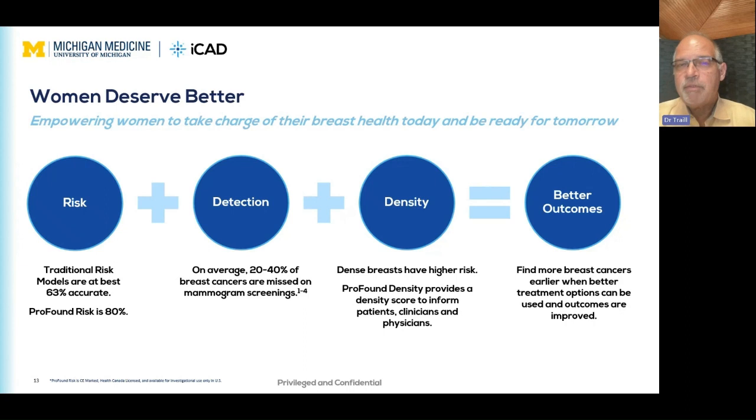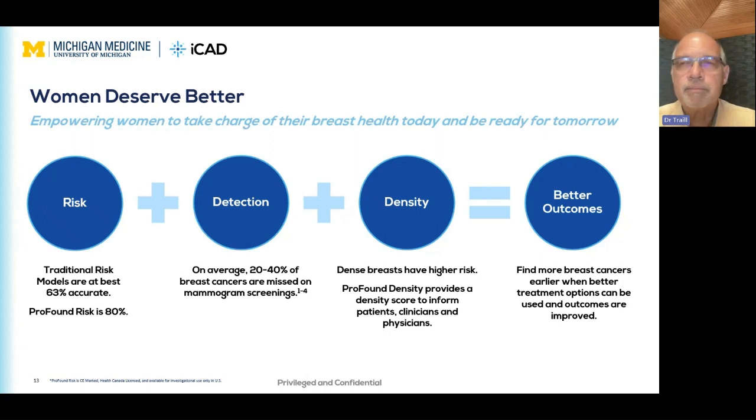So I truly, truly believe, with 35 years experience, that women deserve better than a single human reading the mammogram. I make that statement because in the right hands, if you understand how to use this, you're going to do a better job.